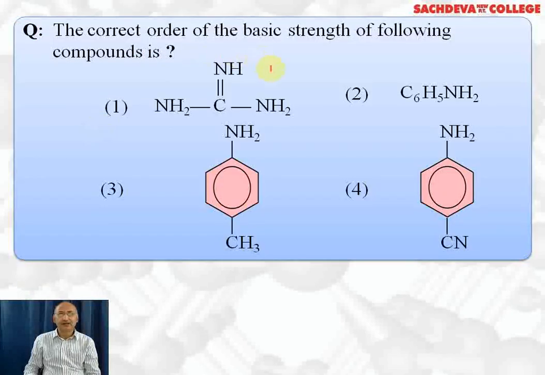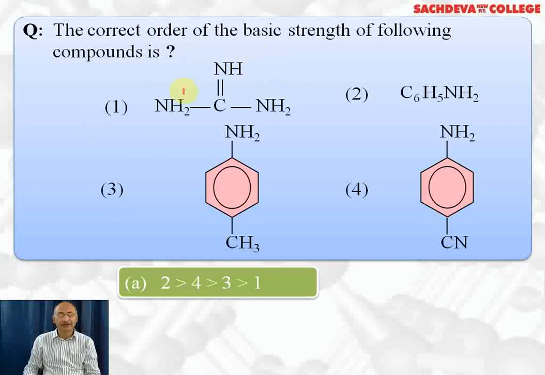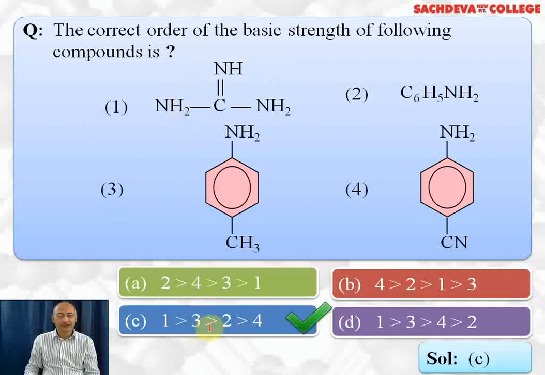The correct order of basic strength of the following compounds: 4 compounds are given and we have to find out their basic strength. These are the options. C part is the correct answer. Why? Because the first one is most basic, as this nitrogen has a lone pair and this nitrogen has a lone pair, so maximum electron density on nitrogen. Then comes para-toluidine.